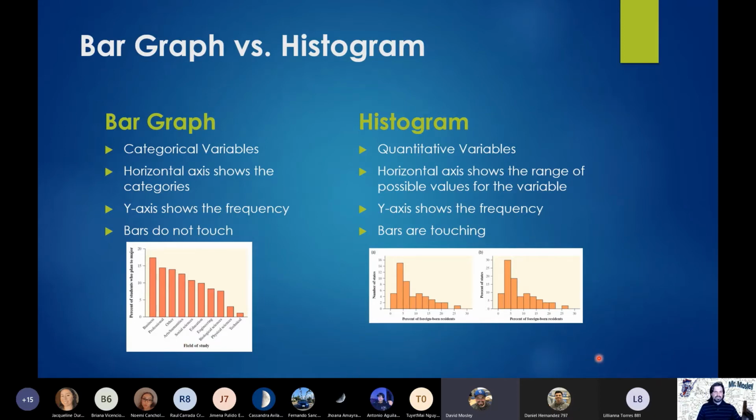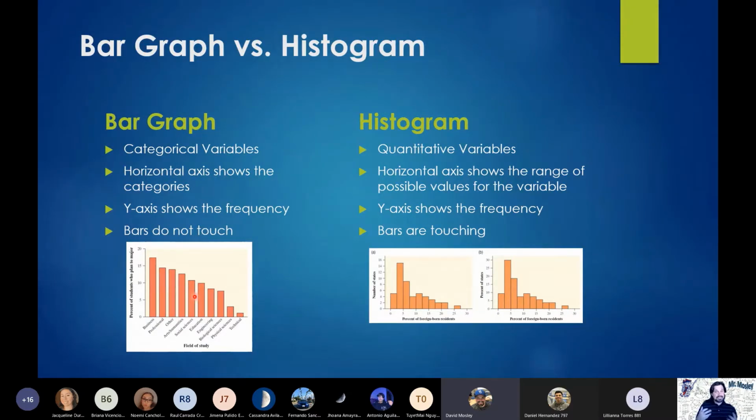So that's why in a histogram, I can talk about the shape, because the shape is unique to that distribution. It has to be drawn in that order. I cannot put the bars in a different order without jumbling the numbers, which I'm not allowed to do. So with a bar graph, you cannot describe it with shape, center, spread, and those types of things that you can describe a quantitative variable with.